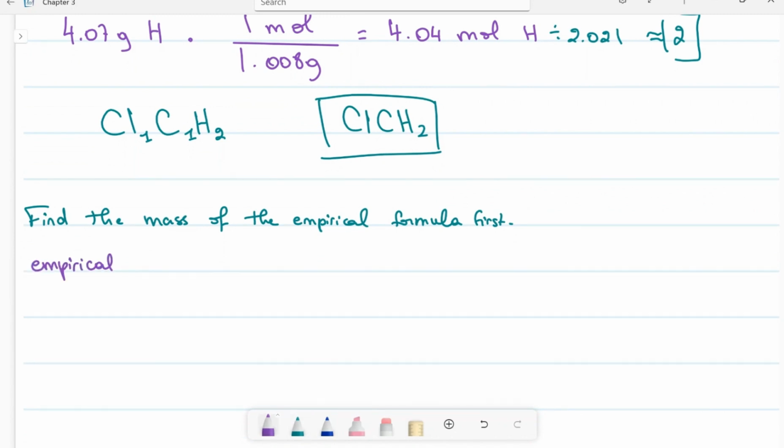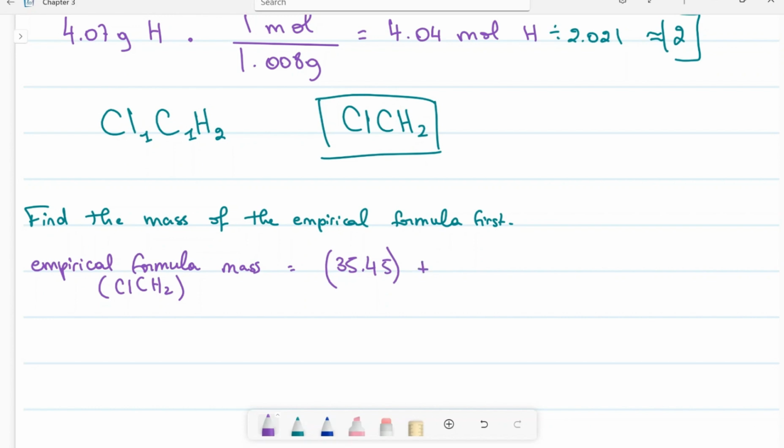Empirical formula mass, so the mass of ClCH2. The mass of Cl is 35.45 grams per mole, and we have only one Cl, so it's just that. I'll write the units at the end.